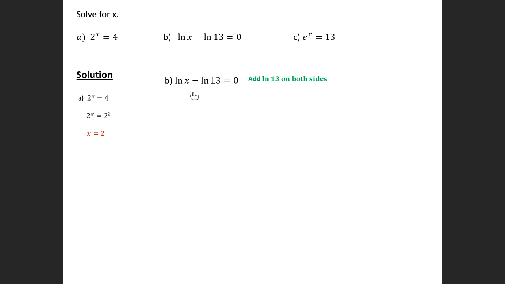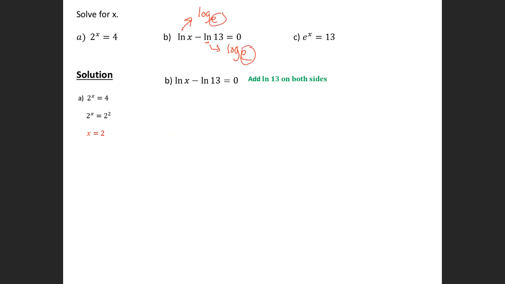Okay, so on the next one, natural log of x minus natural log of 13. One thing we can notice here is that the natural log, remember, is log base e, and this natural log is also log base e. So that means that they have the same base.